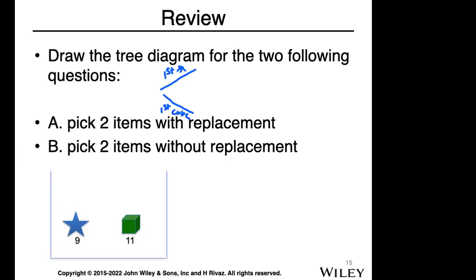And the probability that the first item is a cube is 11 divided by 20. And the probability that the first one is a star is 9 divided by 20, right? So this is my node. And now I'm going to draw the second branch with a different color.